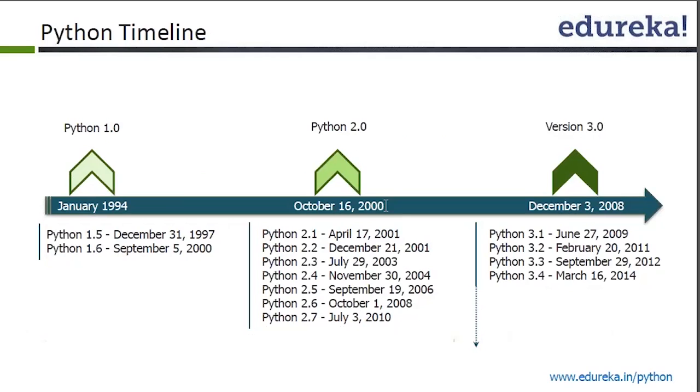Python timelines. January 1994, we had Python 1.0 and Python 1.5 by December 31, 1997, 1.6 by September 5, 2000, and then we had Python 2. There are various versions of Python 2 and then Python 3, but the most stable of all of these is Python 2.7.